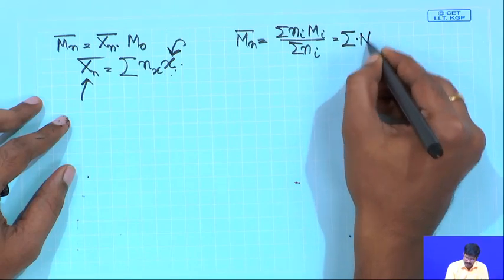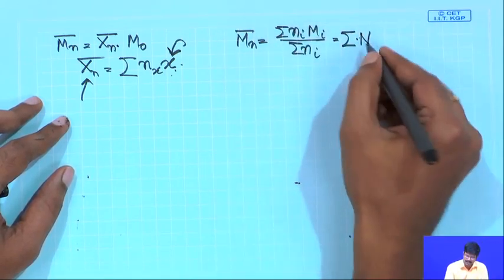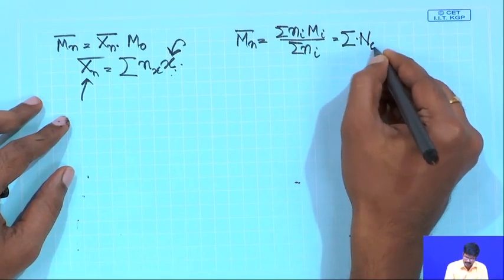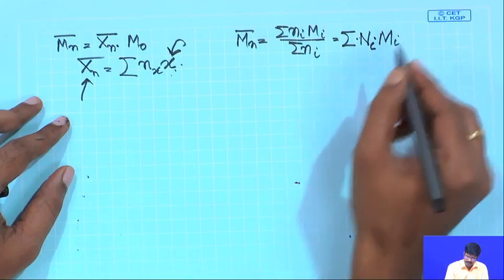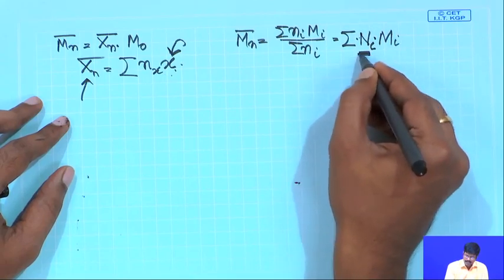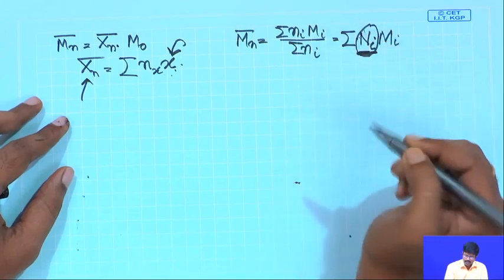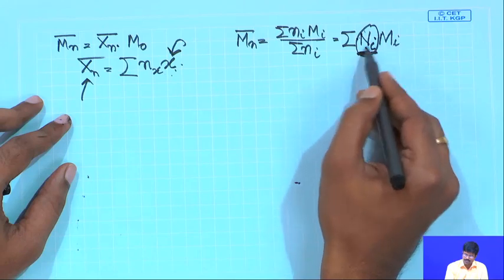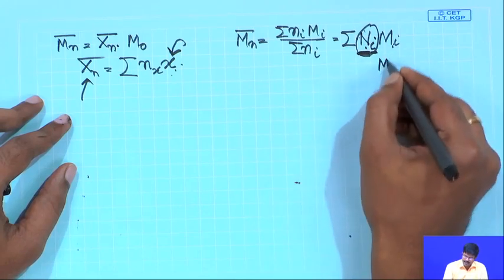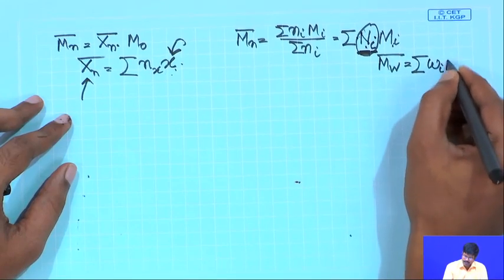let me say capital Ni into Mi. It depends on the symbols that you are using, you can use different symbols as long as you know what the symbols are. So, this Ni is the mole fraction. You could also write this as summation of mole fraction into the corresponding molecular weights, the same way that you have written Mw, which is the summation of weight fraction into molecular weight.